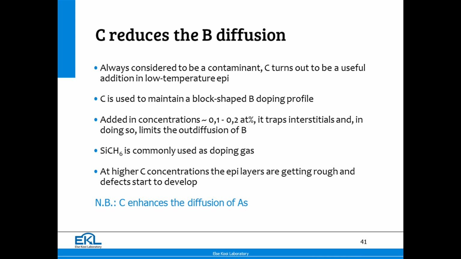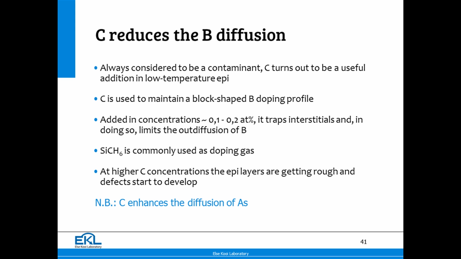Now, carbon used to be a contaminant in conventional epi. It creates defects, it forms silicon carbide. At low temperature we can use carbon to our advantage. It is used to maintain a block-shaped boron profile. Boron is an easy diffuser. It diffuses at low temperatures, and in order to keep the nice profile post-processing at higher temperatures, we use carbon.